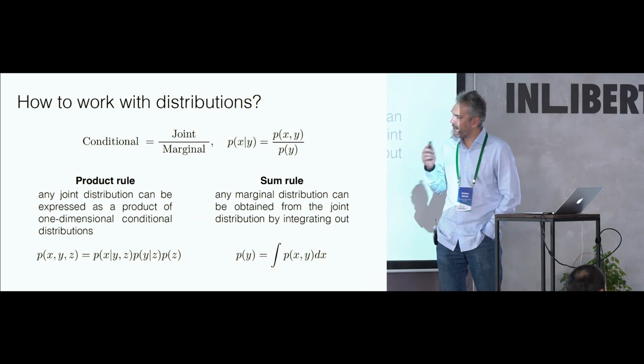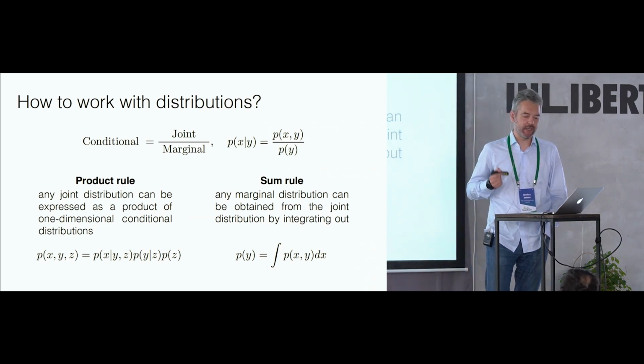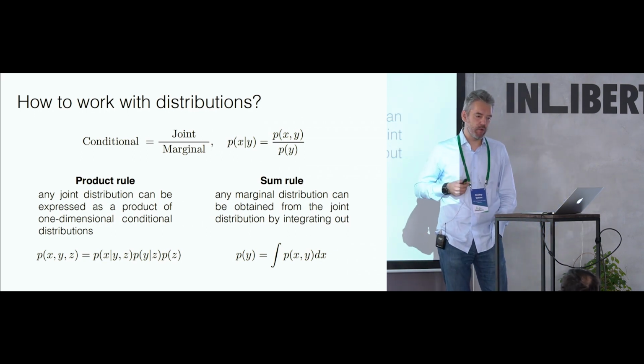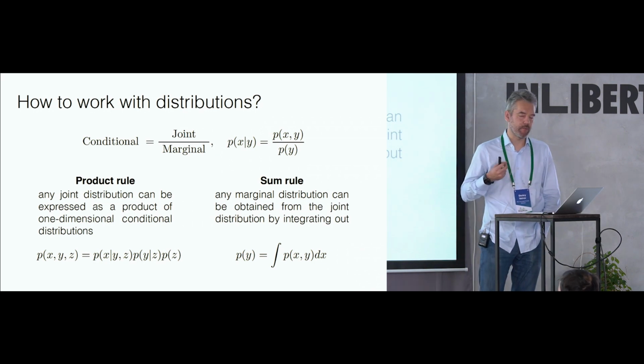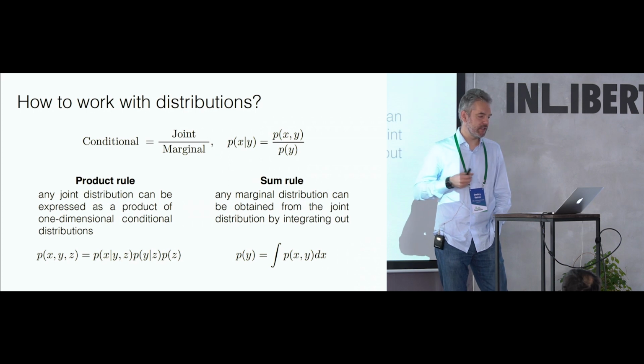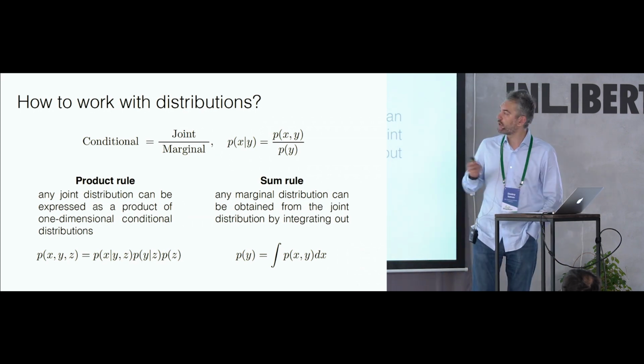Okay, so the key notion with which we are going to work is conditional distributions. Conditional distributions play a very important role in probability theory, especially when we talk about revealing hidden dependencies within the data, and this is exactly the topic of modern machine learning. So what is a conditional distribution?